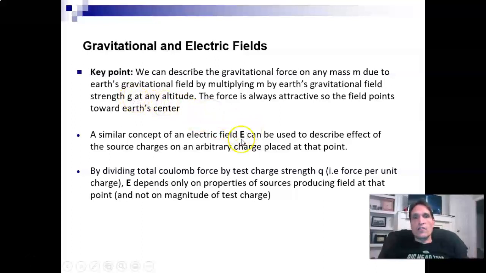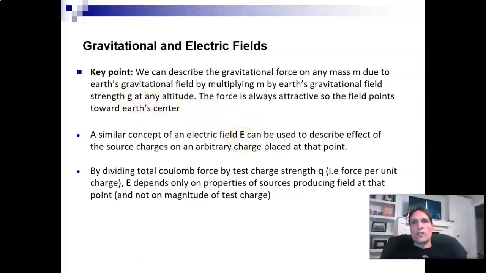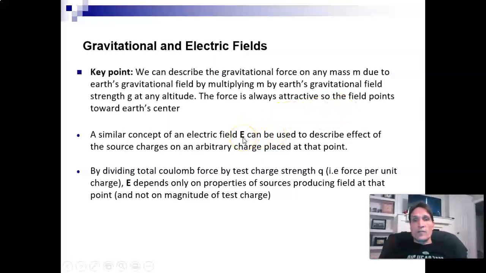It describes the effect of the electric force due to a distribution of source charges. And if we know the electric field strength at any location, we simply multiply it by Q to get the total force acting on it.